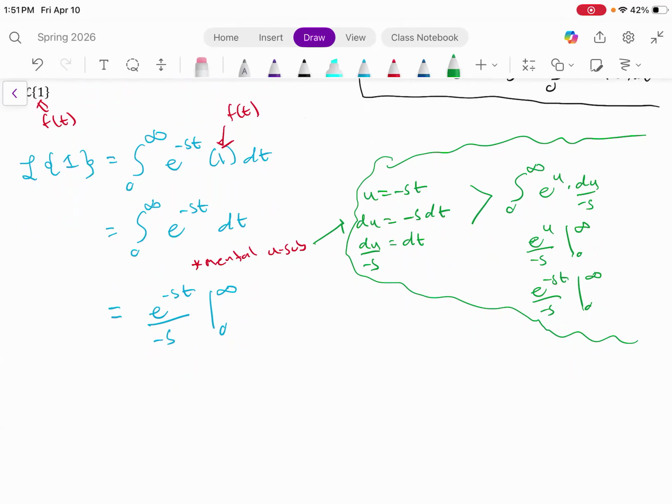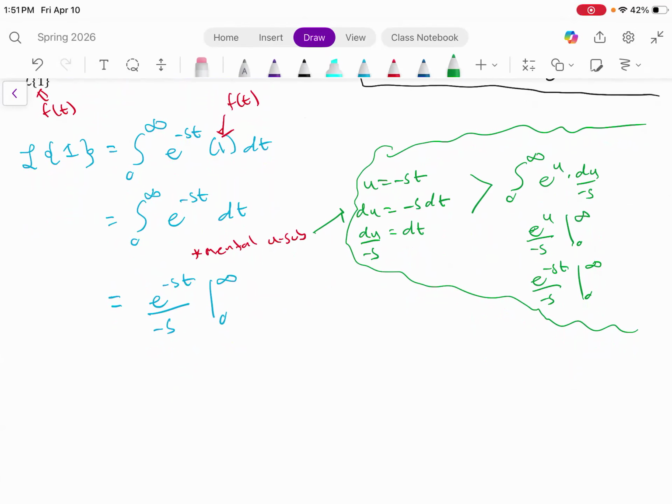So how do I solve this? I want to evaluate from 0 to infinity. One thing I could do is bring this down into the denominator to make the exponent positive. That'll help us when we're evaluating from 0 to infinity. So we'll write 1 over s e to the negative st, and then we'll bring the negative out in front.